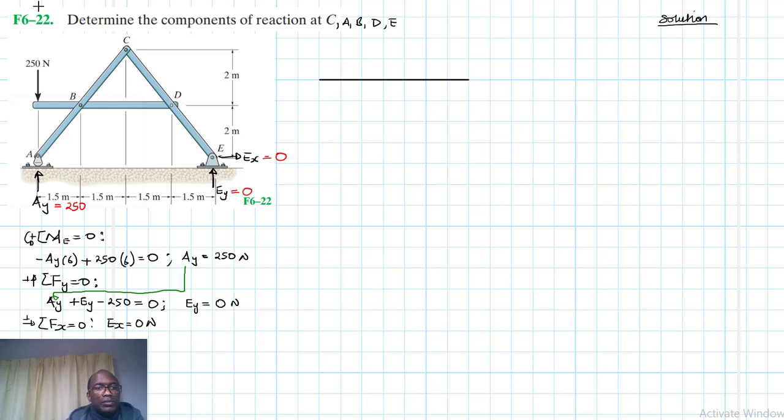Let's say here we have the force 250, and here this is our B, so let's say we have BY, then we have BX. Then at D we have DY and DX.